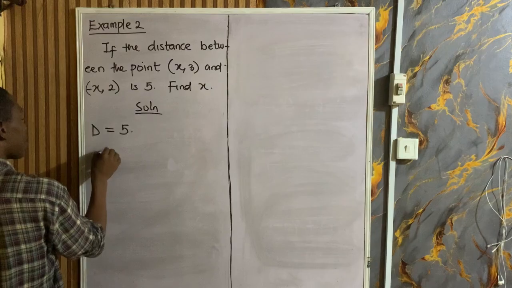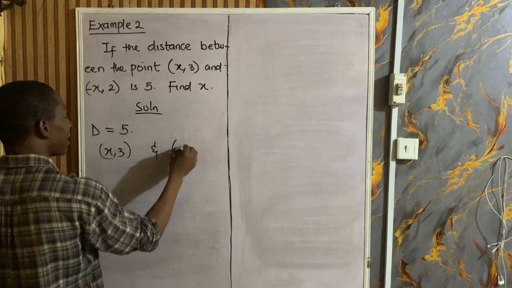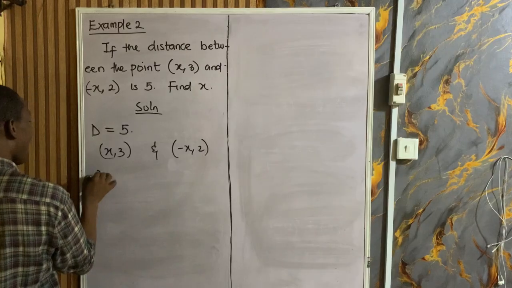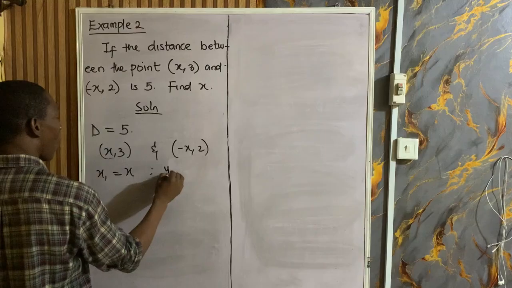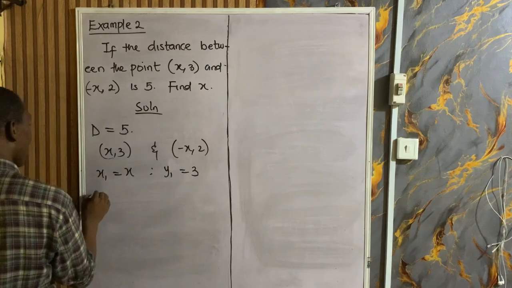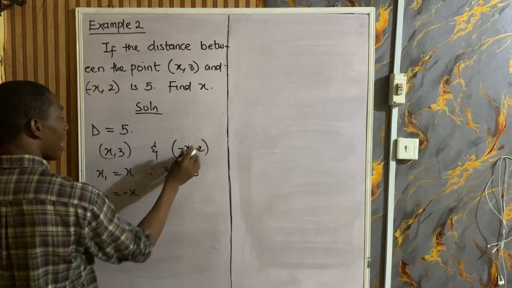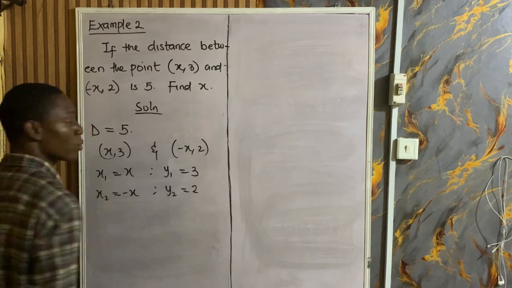The first point is (x, 3), and the second point is (-x, 2). So from here, our x1 is x, and y1 is 3. Our x2 is -x, and our y2 is 2.